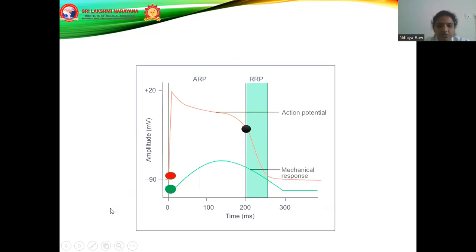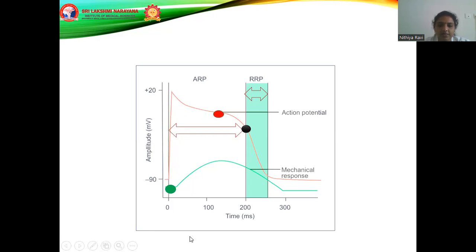So here, if you see, I have denoted the time scale along the x-axis, and along the y-axis we have the action potential, which is from minus 70 millivolts to plus 20 millivolts. Now, if you follow the period of absolute refractory period, and this is the relative refractory period.